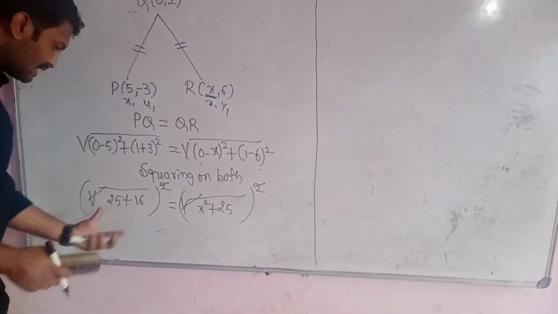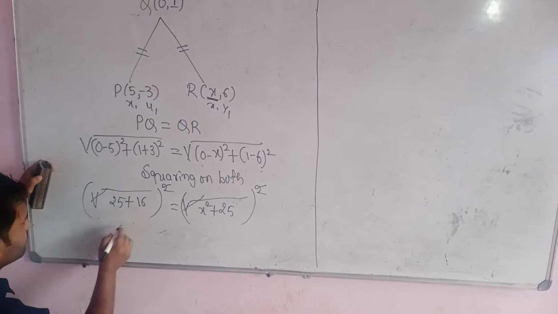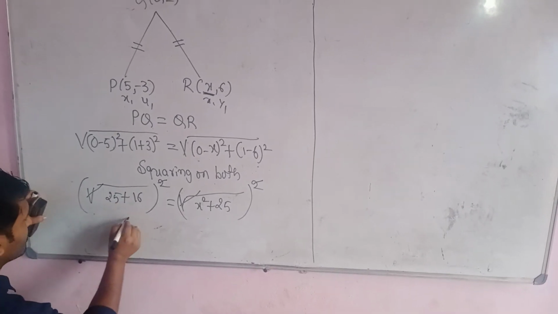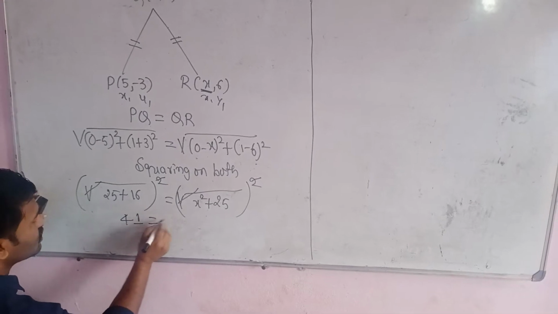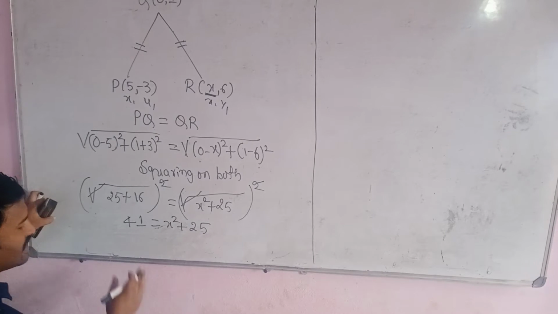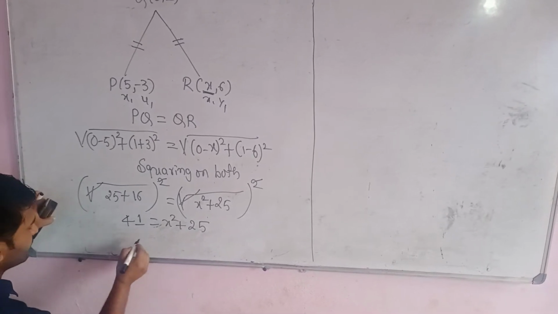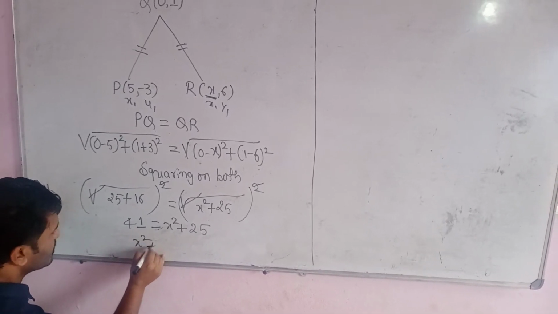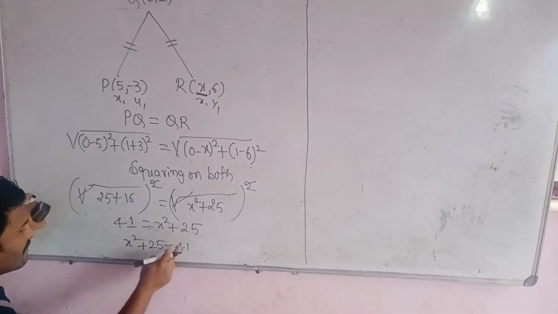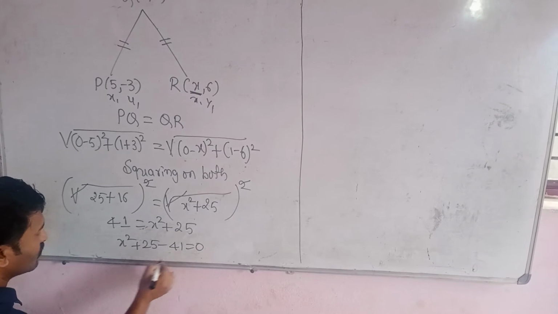What remains? Here 25 plus 16, how much? 41 equals x square plus 25. Take the numerical terms to one side: x square plus 25 minus 41 equals 0.